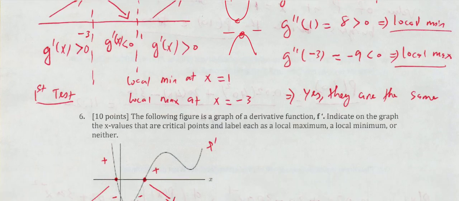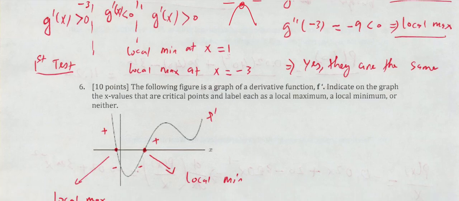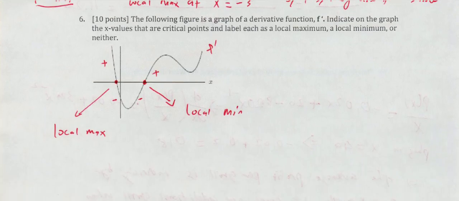Okay, the next question. The following figure is a graph of the derivative function f prime. So this function is f prime. Indicate on the graph the x values that are critical points, and label them as local max, local min, or neither. Now we know that the critical points are the points that make f prime equal to 0.